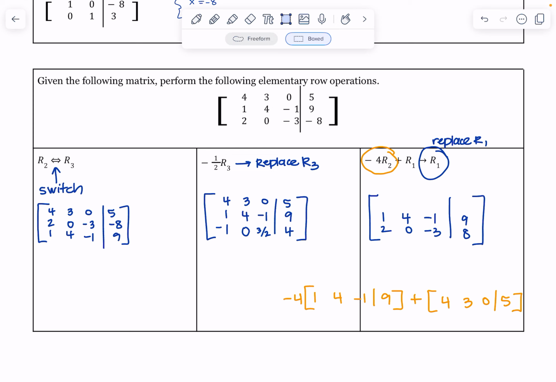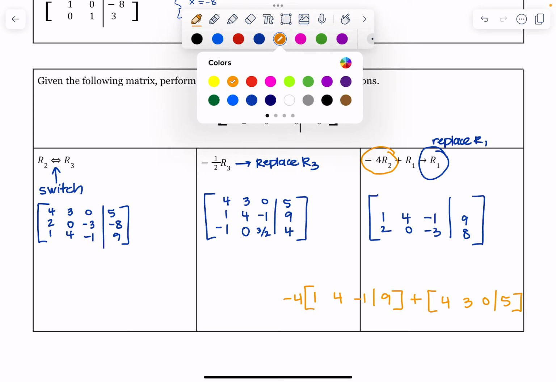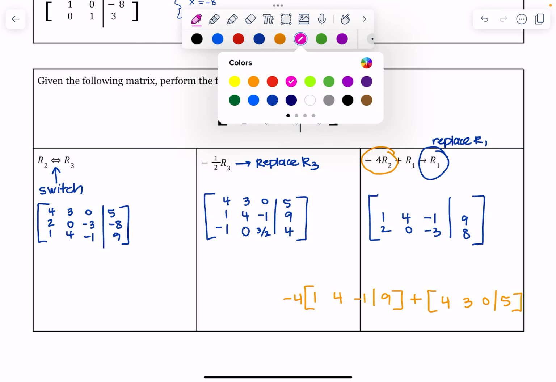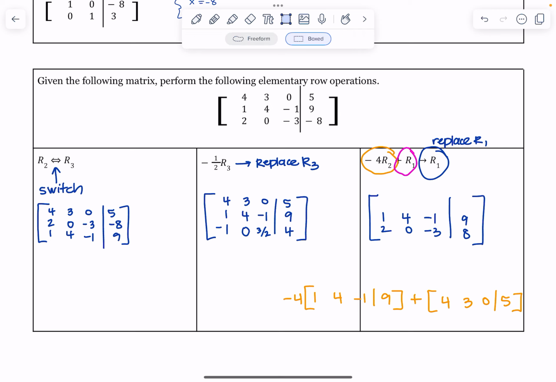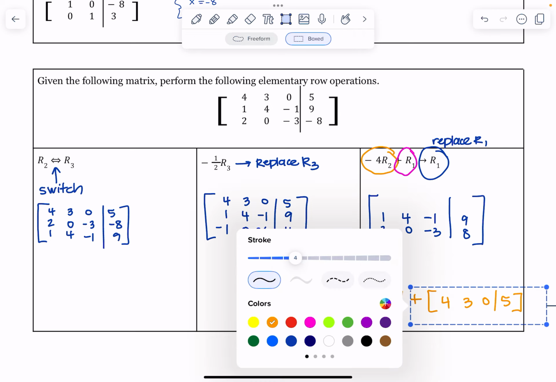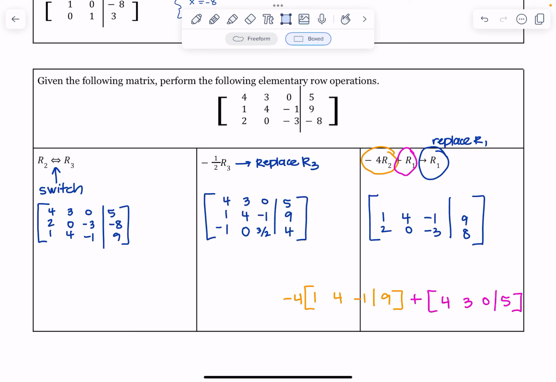I guess let me change that color here. So for this part, I'm going to use pink, just so we can kind of see what's going on here. So what this original problem wants us to do is multiply -4 times R2 and then add it to R1, and we're replacing that first row.